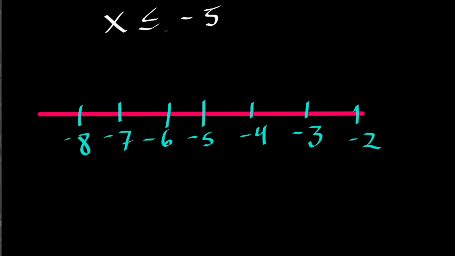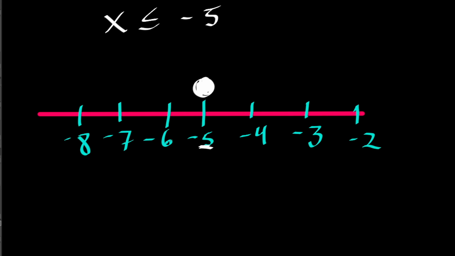The first thing we want to do is decide, I know that my first point's at -5. Should it be open or shaded? It should be shaded because there's a line under my inequality, which means -5 is included in the solution. Now, it says x is less than or equal to -5, so what does less than mean in this case?